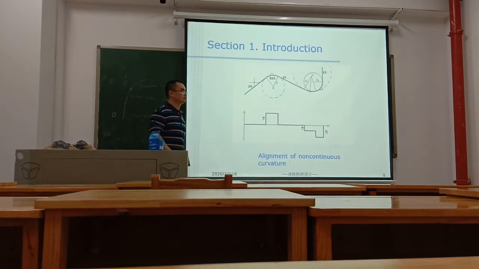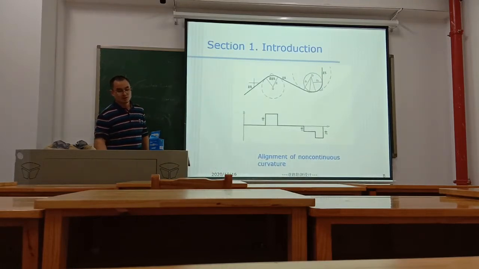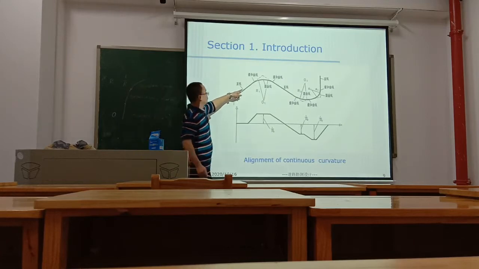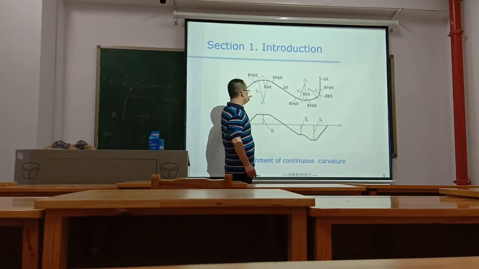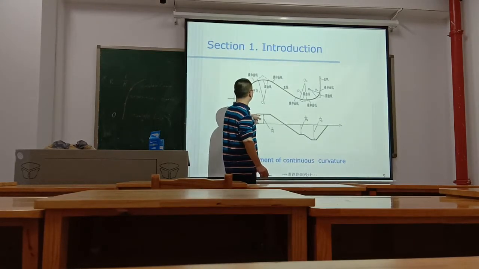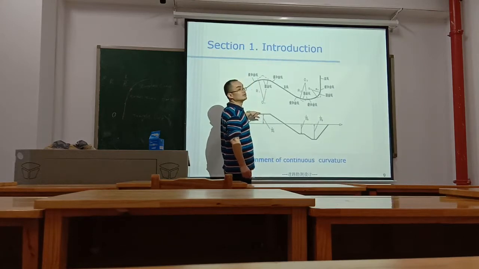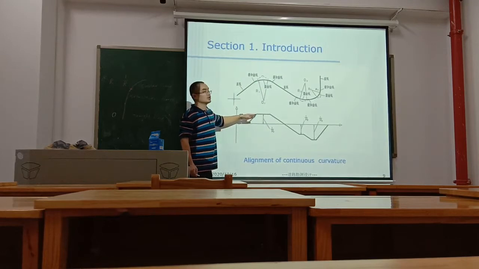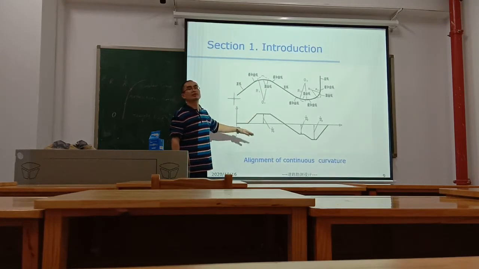So if there is a transition curve between the straight line and the circular curve, the coverage is continuous.